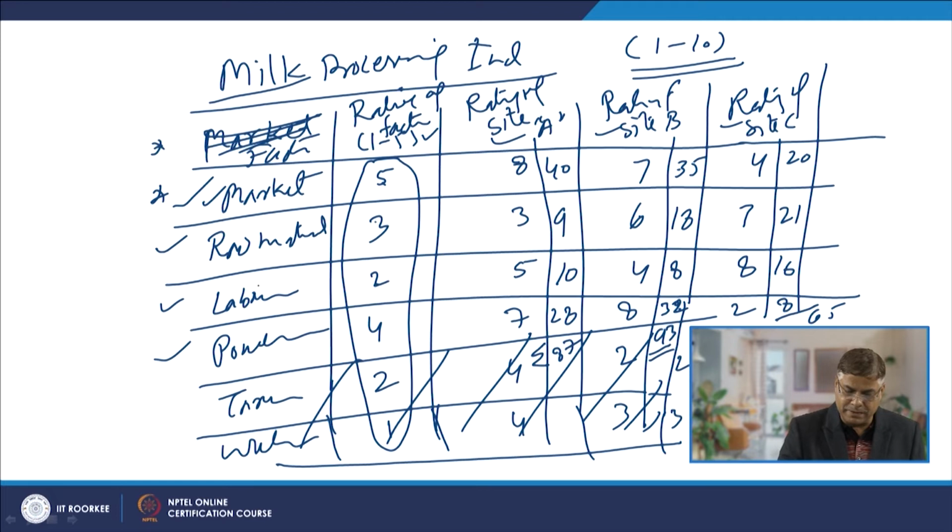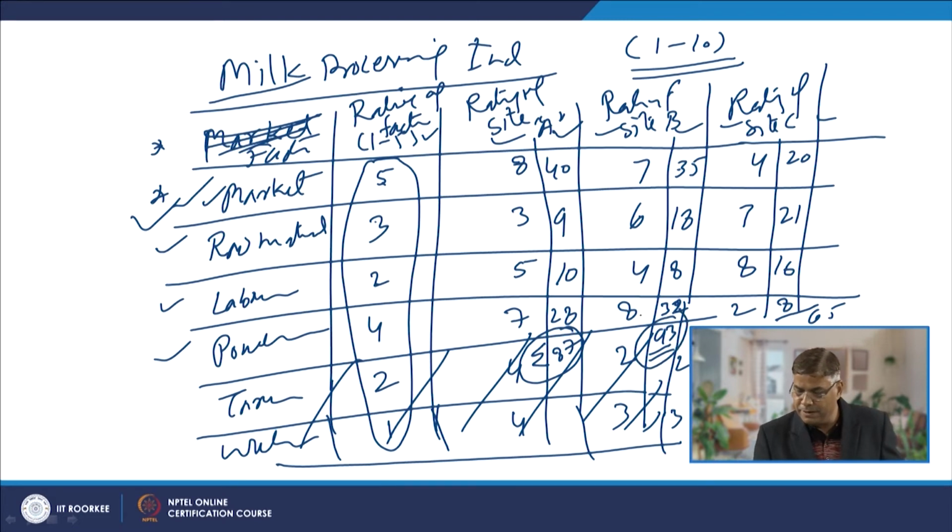So if we consider just 4 factors here, market, raw material, labor and power, then what you get is the cumulative rating of all these factors for these 3 different sites, coming out 87 for site A, 93 for site B and 65 for site C. So considering the market, raw material, labor and power, site B comes out to be the most effective.